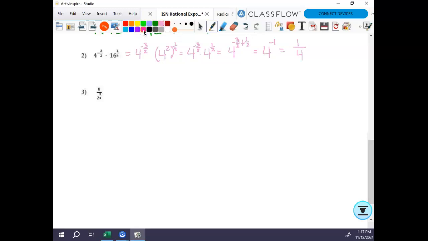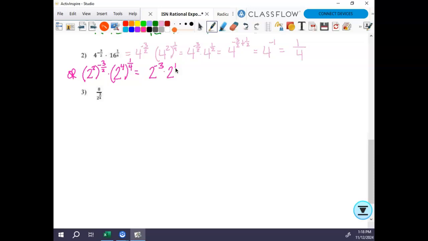We could have gone all the way down to the lowest base, which is what you would need, especially if I had any roots left. I could have rewritten this. I think this is the last one. I'm going to do 2 different ways. But I could have done this 2 squared to the negative 3/2 power times 2 to the 4th to the 1/4 power. This gives me 2 to the negative 3 power times 2 to the first.